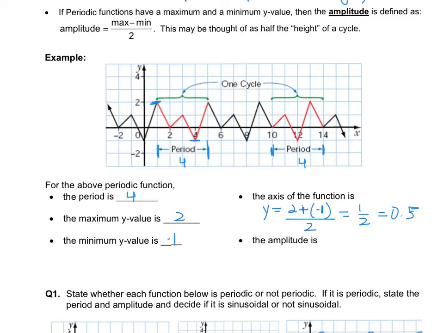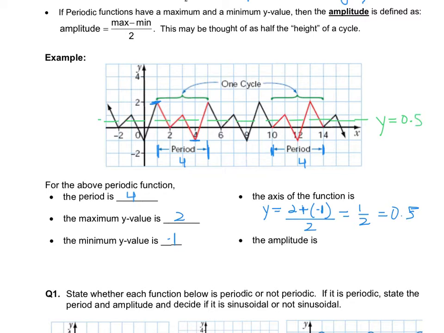So it is a horizontal line, and it's always halfway in between the max and the min. So I'm just dotting that in here. It'll be at y equals 0.5, or 1/2.